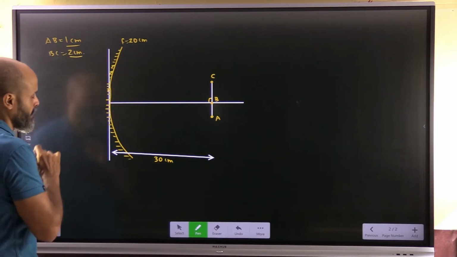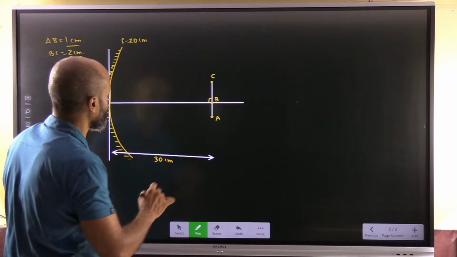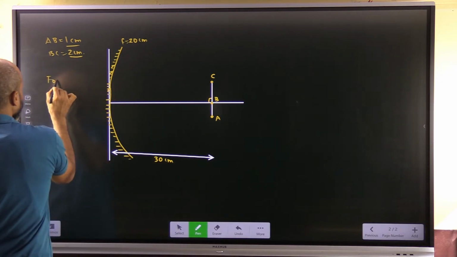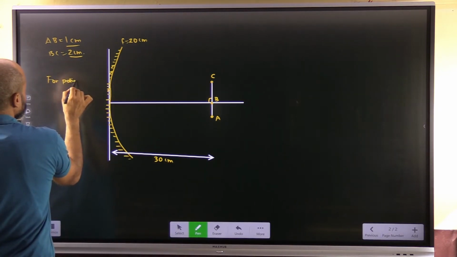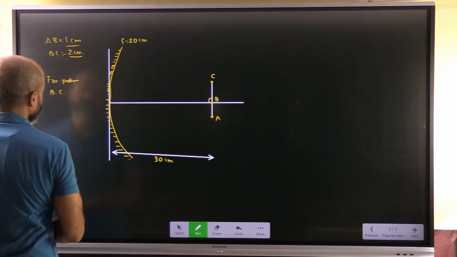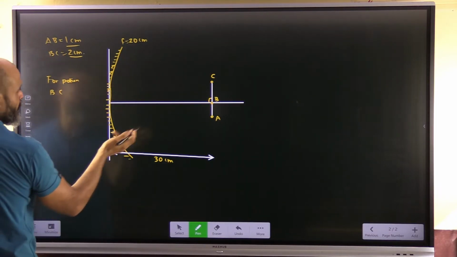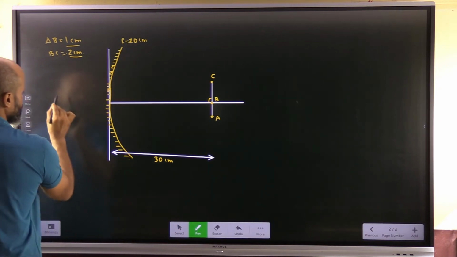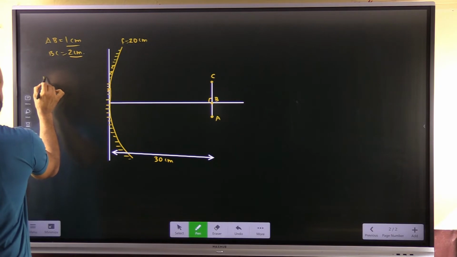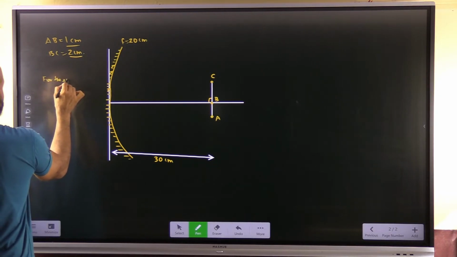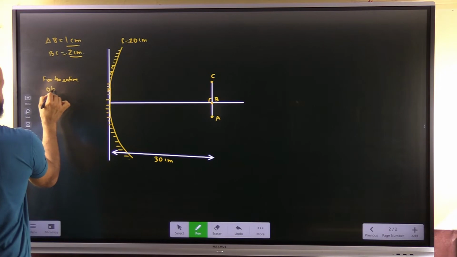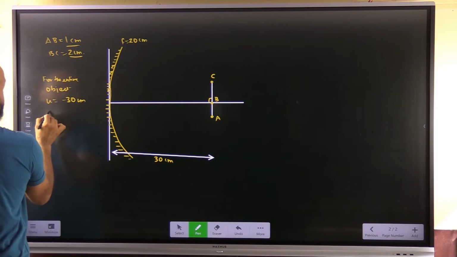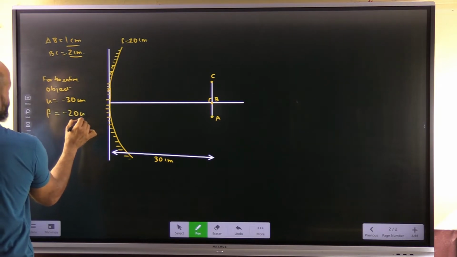Okay. All right. So if I happen to calculate for portion BC, or for the entire object, let's say for the entire object. The object is placed at a distance of, for the entire object, u definitely is going to be minus 30 centimeter, f is going to be minus 20 centimeter.